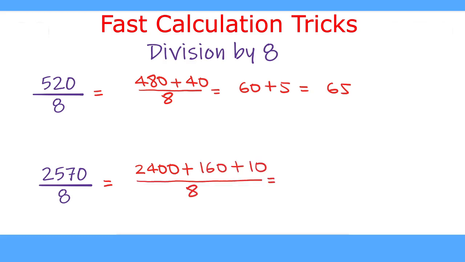Now we divide 2400 by 8. This gives us 300, plus 160 when divided by 8 gives us 20, plus 10 divided by 8 gives us 1.25. So this is equal to 321.25. This way we should split the number into the numbers divisible by 8 and we divide it fast.